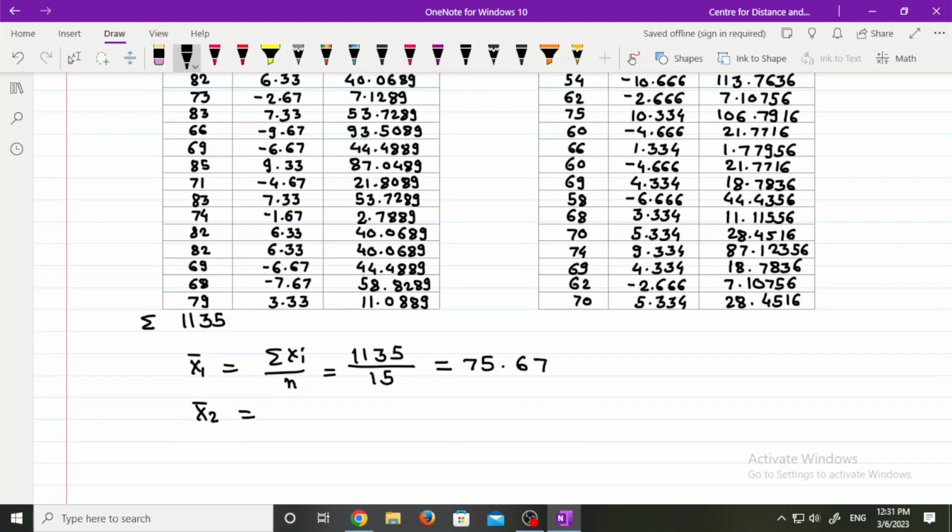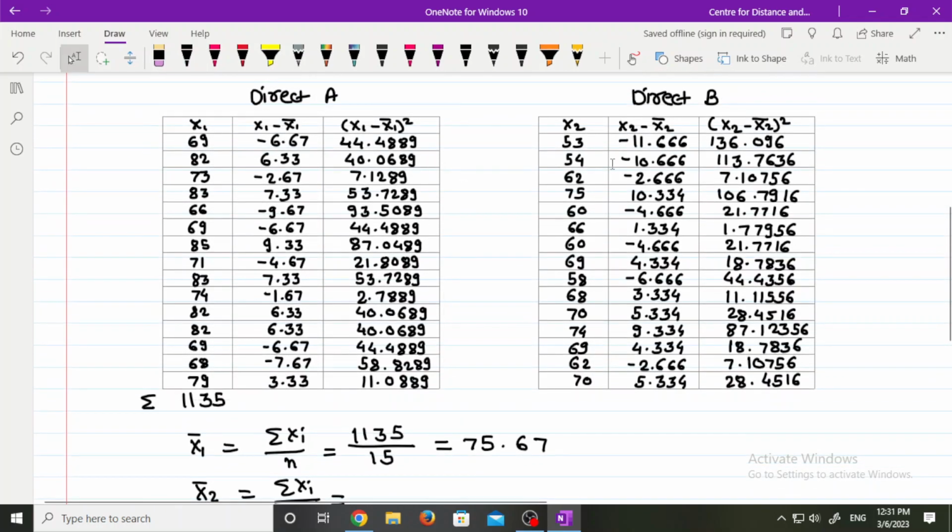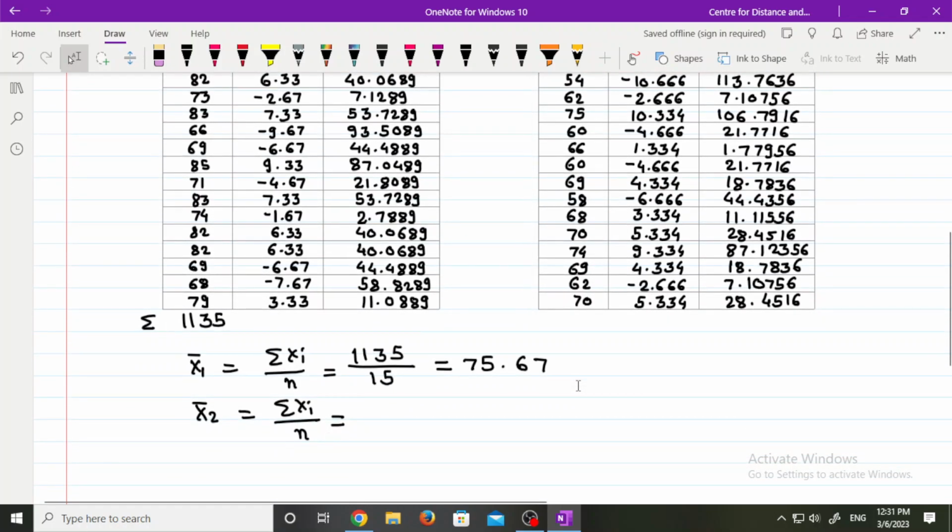Similarly, we find x2 bar, that is the summation of xi divided by n, which is 53 plus 54 up to 70, and their sum is 970.